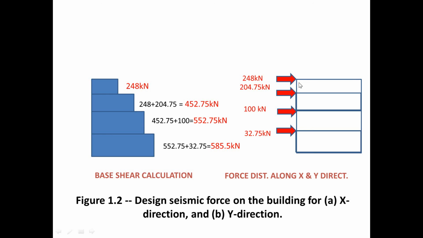One more important thing I would like to share regarding this numerical is that you can ask why this horizontal lateral load is applied at the junction point of beam and column, or at the nodal point. The answer is very simple, because we know that in an RC building the weakest part is the joint.